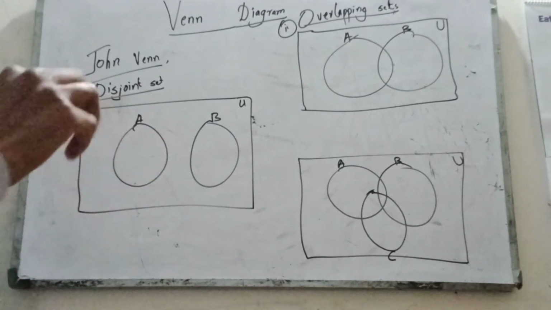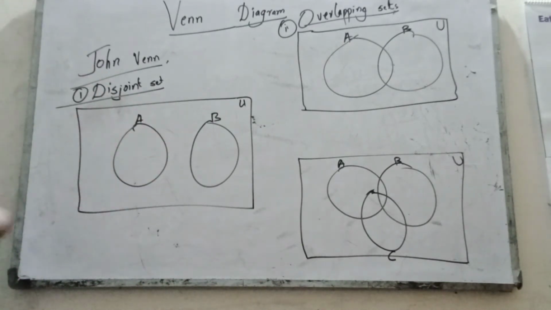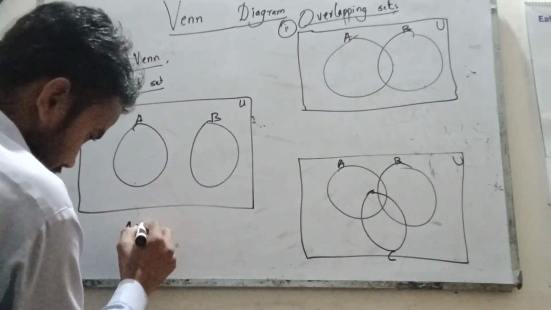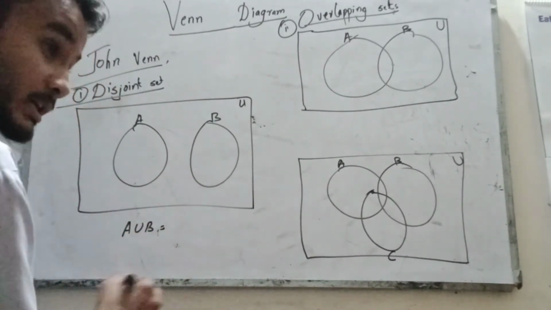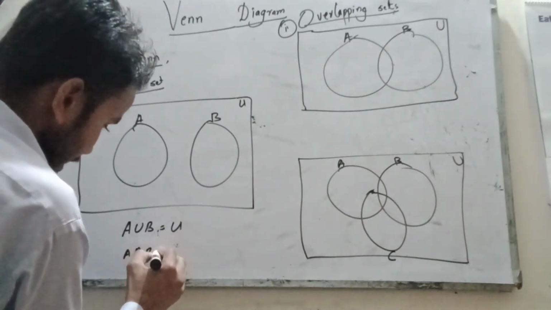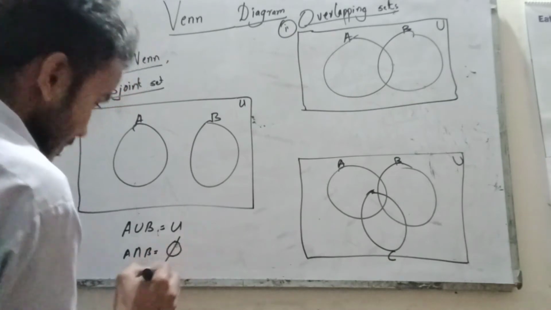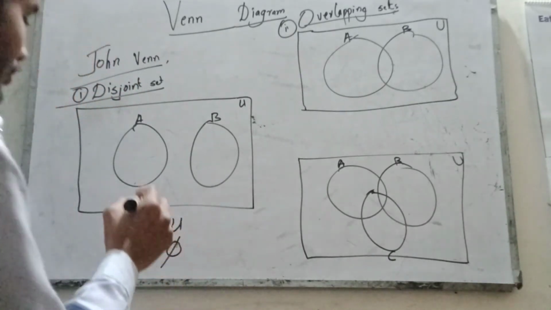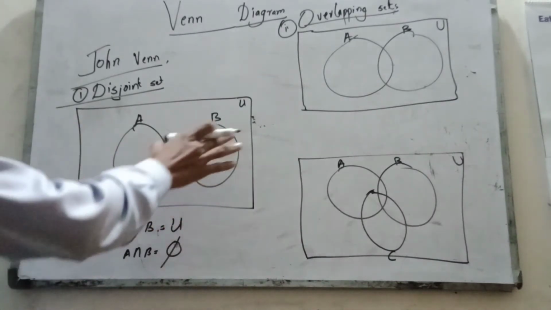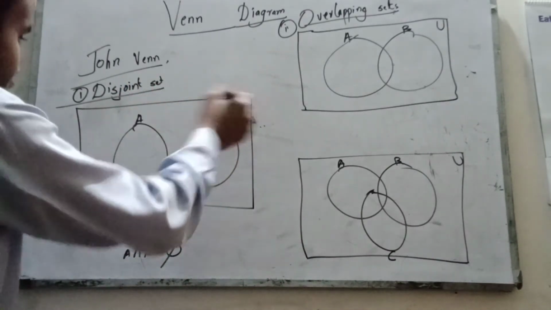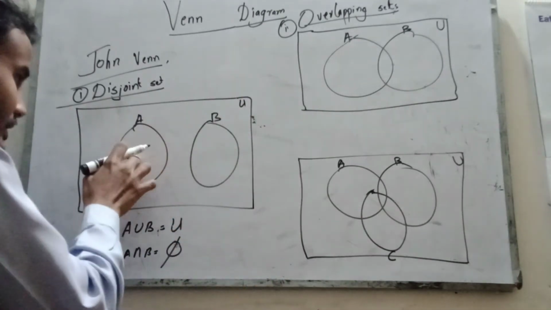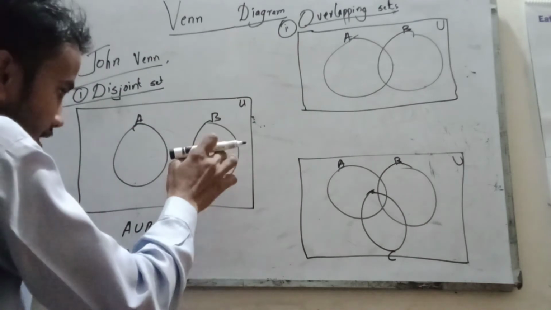If we have two disjoint sets, those are when their union is equal to universal set and their intersection is equal to empty set. So when two sets are disjoint, then we write in this way, De Morgan laws. This rectangle is the universal set, and this circle is A set, and this circle is B set.